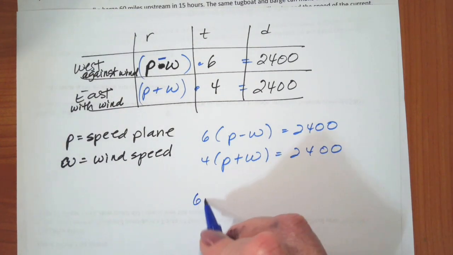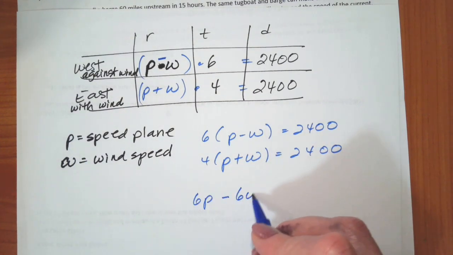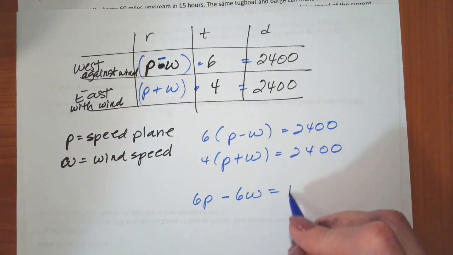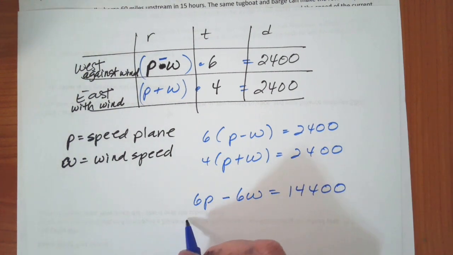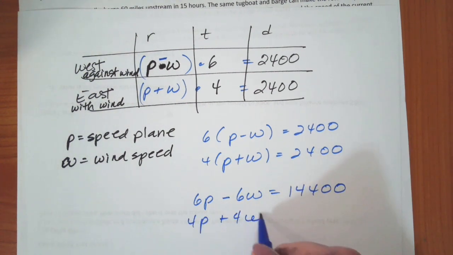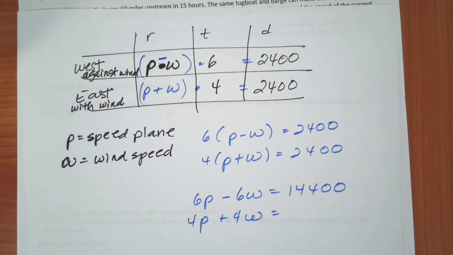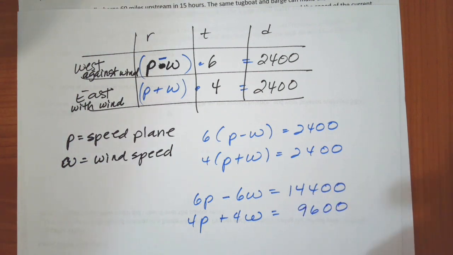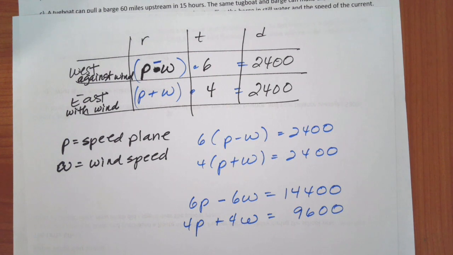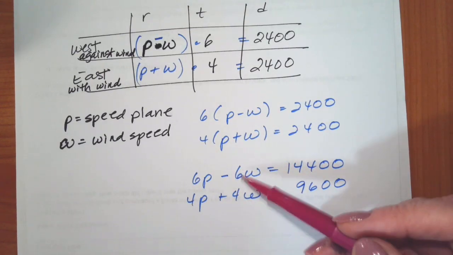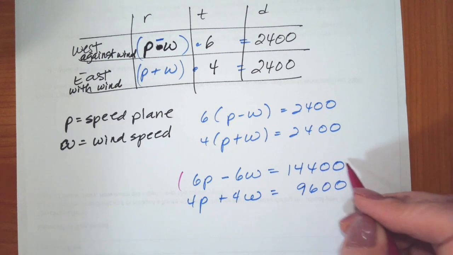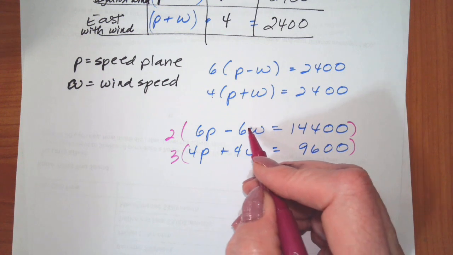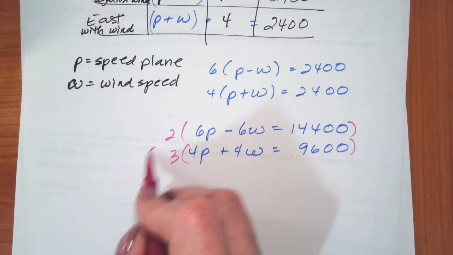Okay, so this gives me 6P minus 6W is equal to 14,400. 4P plus 4W is 9,600. Okay. These are already opposite, so let's see what we can do here. The least common multiple is going to be 12. So if I multiply this by 2 and this by 3, I'll end up with negative 12W and positive 12W.